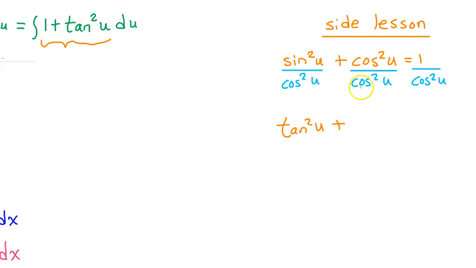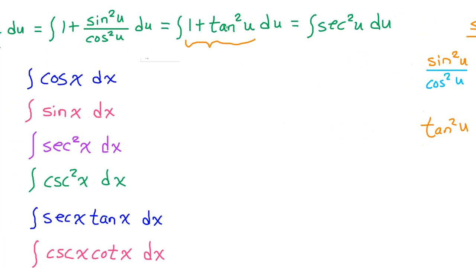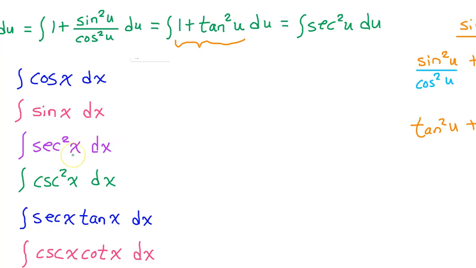Cosine squared u divided by cosine squared u is 1. And 1 over cosine squared u is secant squared u. Aha! 1 plus tangent squared u is equal to secant squared u. And secant squared u is on the list.